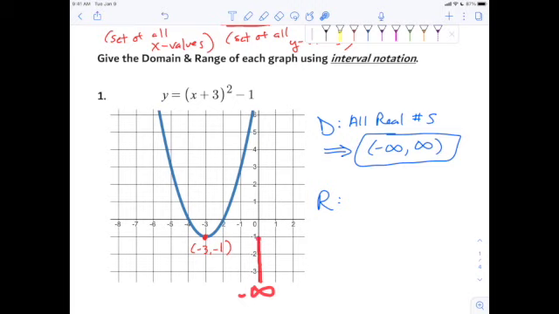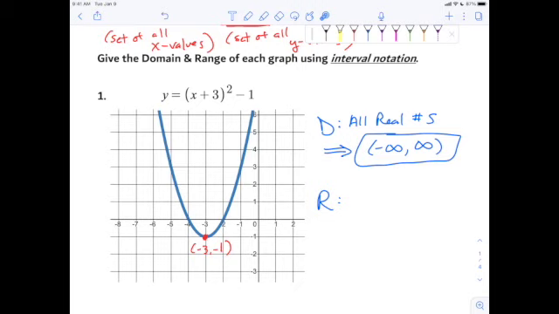The first time it's defined, the first y value where this graph exists is at -1. And then the graph exists for all y values after that. The graph keeps going up, up, up, so it's going to achieve every y value beyond that.